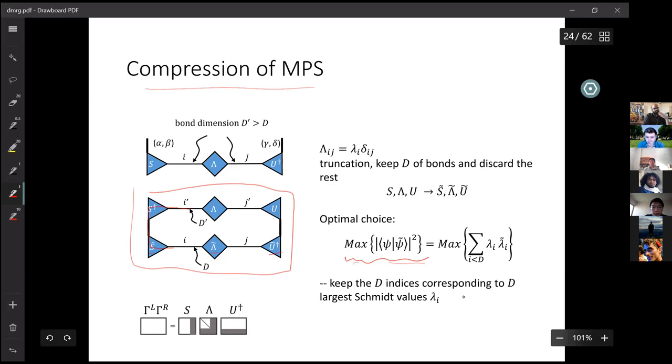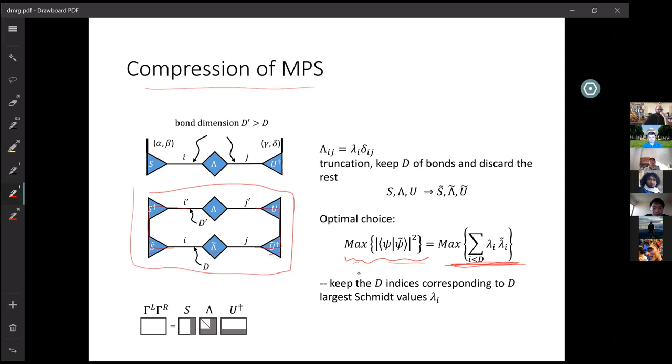So we are replacing this tensor network in this form. Now you see what this inner product is. It is nothing but the product of the Schmidt values, summed over i. So now we know the best way to compress the MPS while preserving the maximal overlap: choose the leading Schmidt values in this SVD decomposition, keep them, and discard the rest. This is the best way to go.